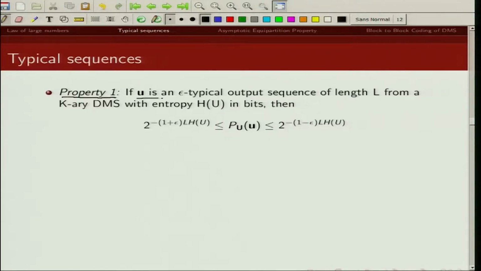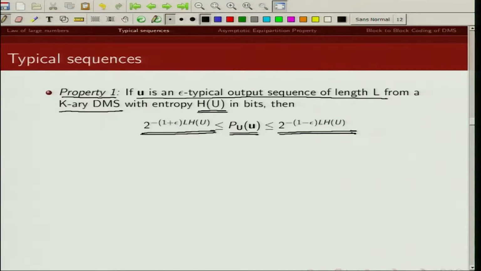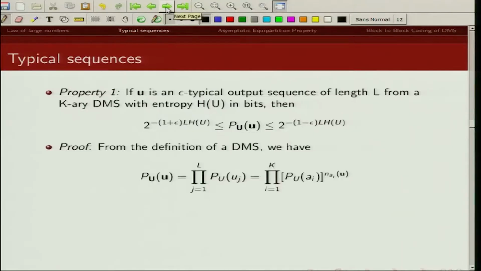So if U is an epsilon typical sequence of length L, which comes out from a discrete memoryless source which has entropy given by H of U, then probability of occurrence of U is lower bounded by this quantity and upper bounded by this quantity.